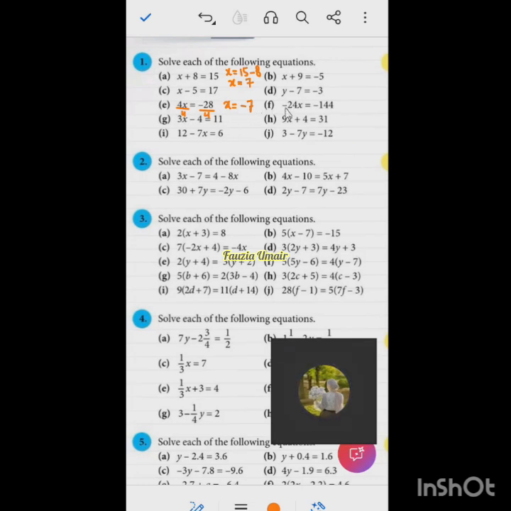The same is the case here in F part. What to do in F part? Because this minus 24 is extra, we need the value of x. The coefficient of x is not 24, it is minus 24. So we will divide both sides by minus 24. This side will be cancelled, and x is equal to 144 divided by 24, since minus divided by minus is a plus.